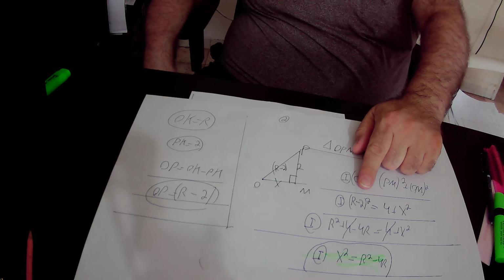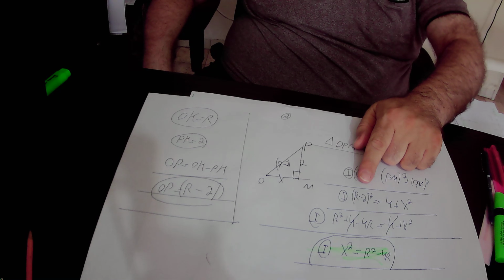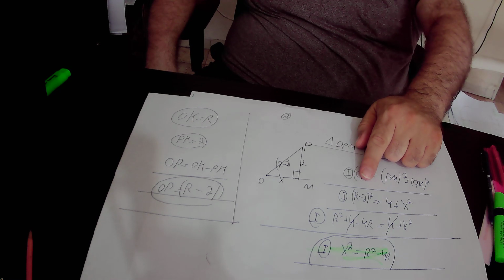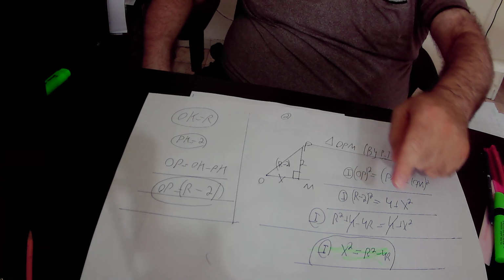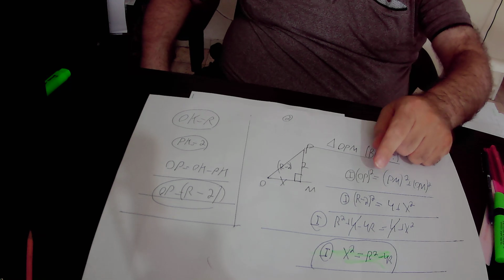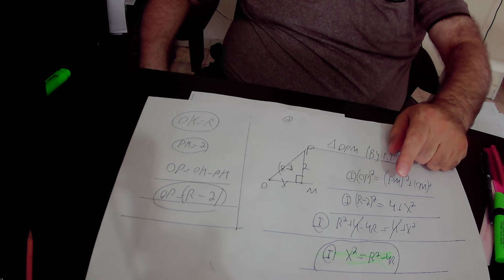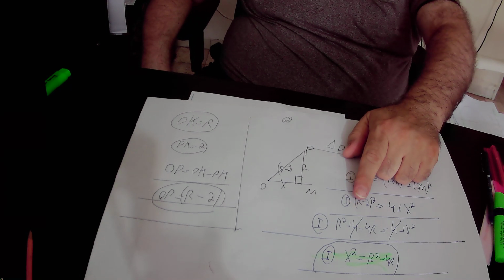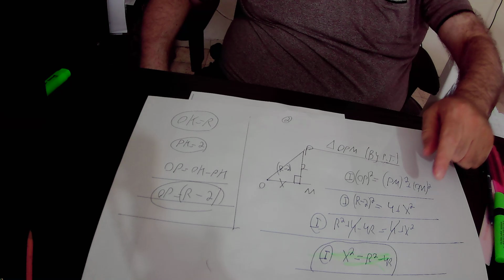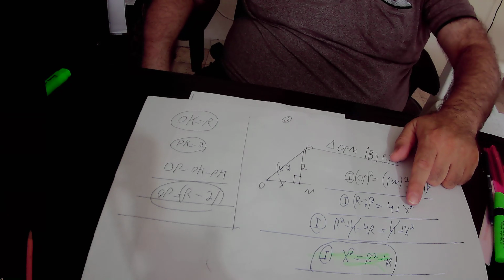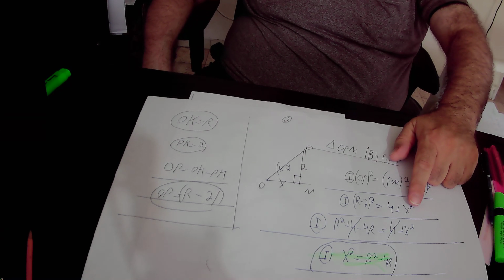Here we open the brackets on this side of equation number 1, and we found out that R minus 2 squared equals R squared plus 2 squared, that is 4, minus 2 times R times 2, that is minus 4R. So on this side of the equation we have R squared plus 4 minus 4R. On the other side of the equation we have 4 plus X squared.